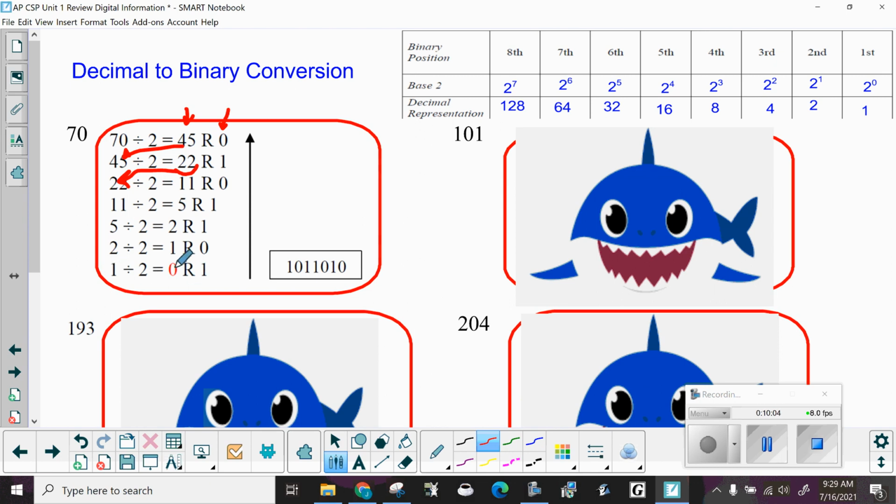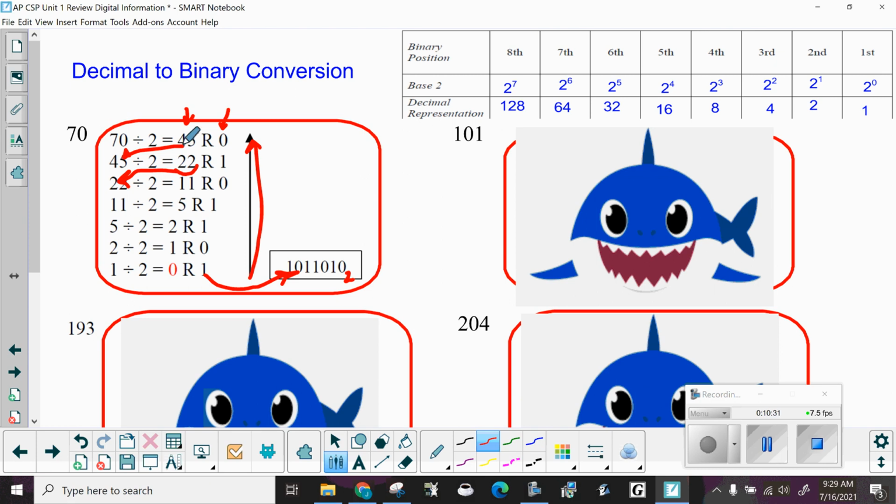So we get a 0, and then we have our remainder 1. At this point, we start from the bottom, okay? So we start with our 1 here, and then we work up. So we get 1, 0, 0, 0, 1, 1, 0. This is our base 2 or binary number that represents 70.